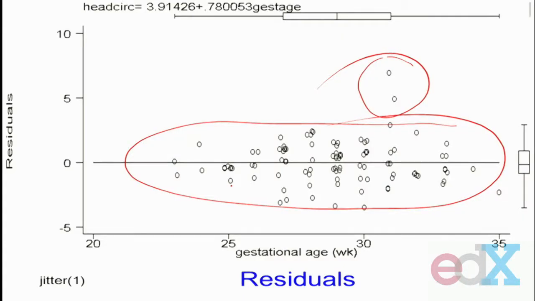You shouldn't have something fluting out like this, which says that on the extremities the residuals are much more variable than in the middle. You shouldn't have the residuals going up like this, or on some sort of curve. They should be just all over the place, the same as they are here. Okay? That's what we expect to see.